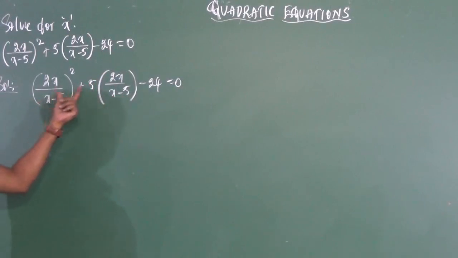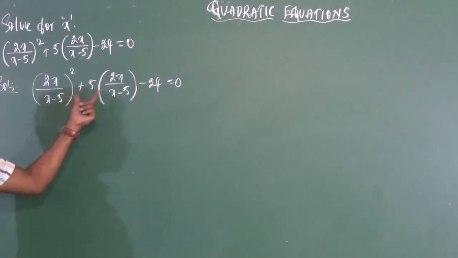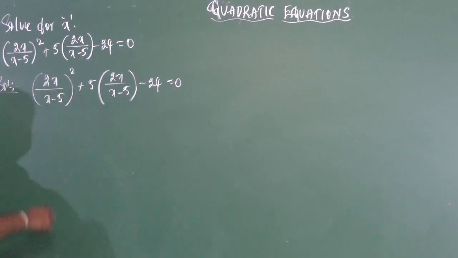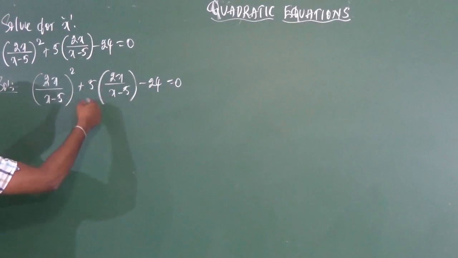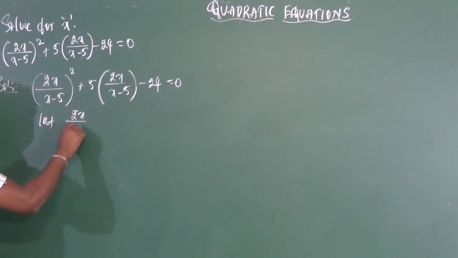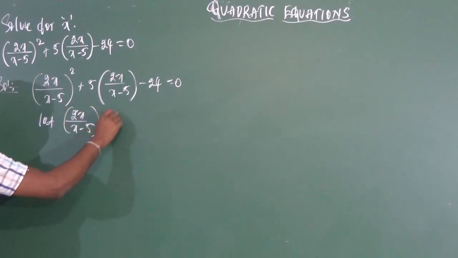The particular term repeats itself at 2 places in the form of a fraction. So instead of writing 2x by x minus 5 in all the steps while solving the problem, we will represent that by a simple variable, right? So let 2x by x minus 5 be equal to y.